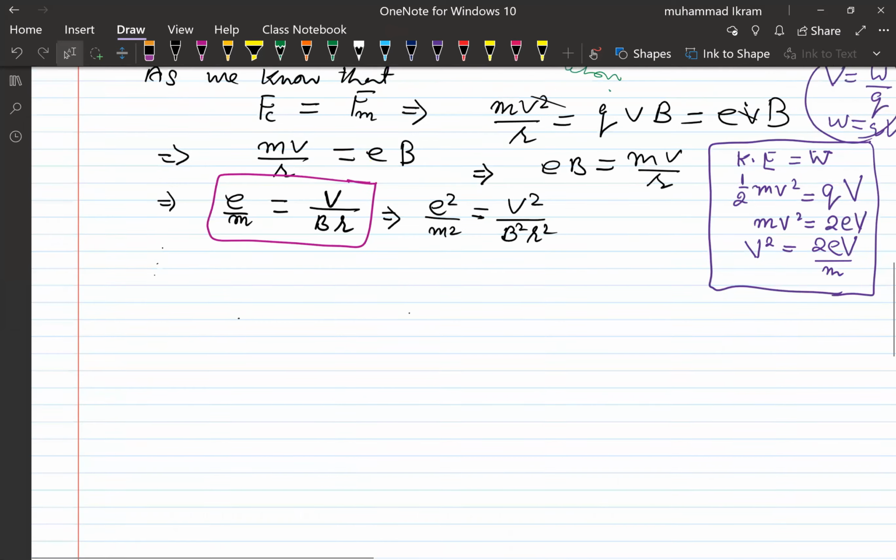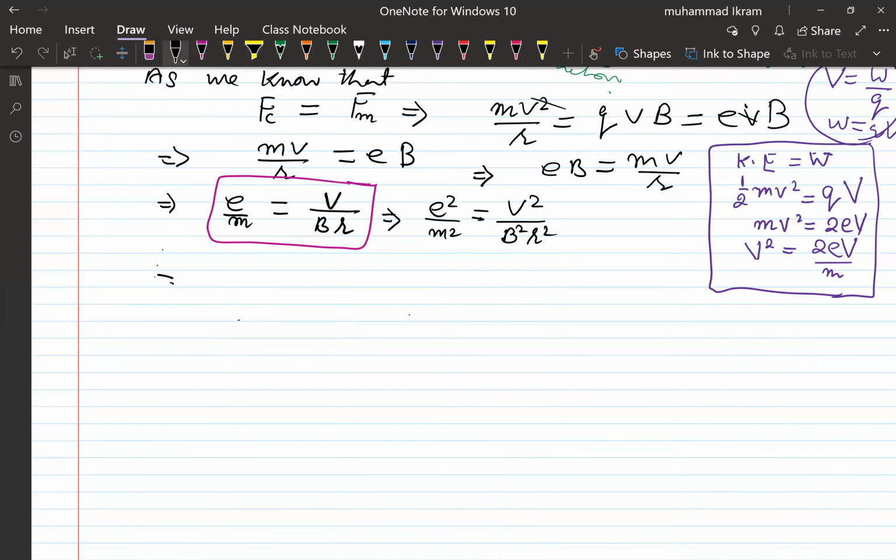So let us see that we have this E by M ratio, which will come out to be E square by M square. And you know the value of this V square? It is 2 into twice the charge on the electron into the potential difference by M, and then we have B square and R square.